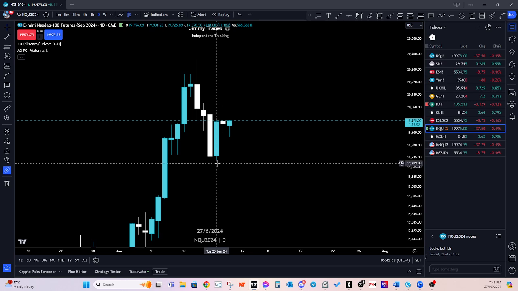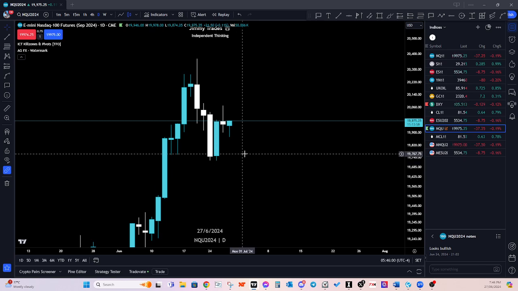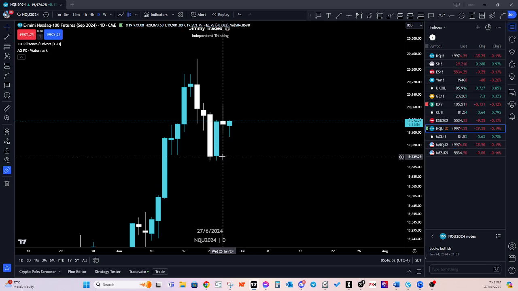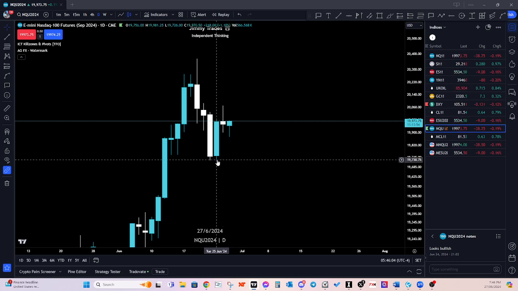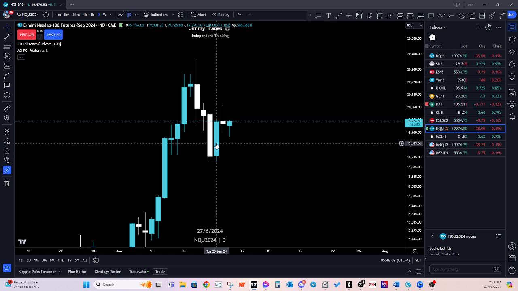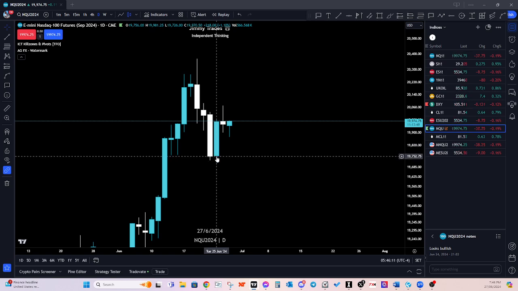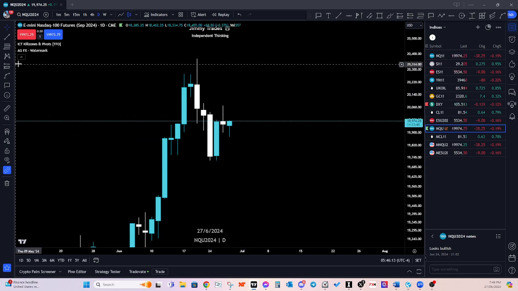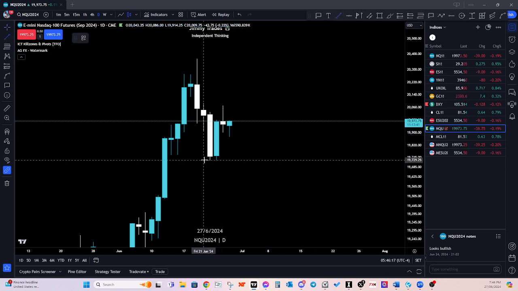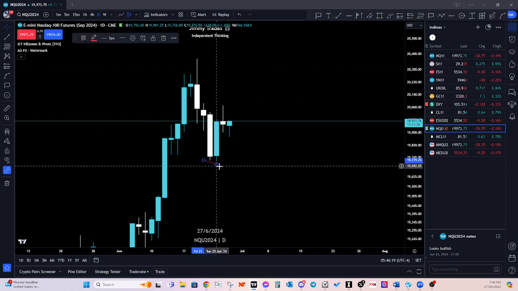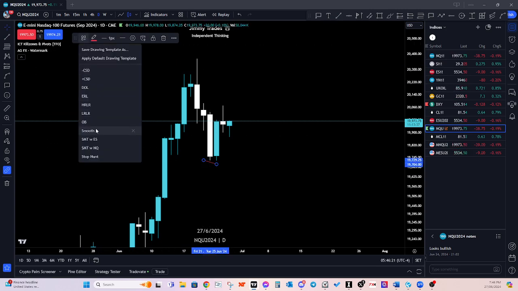So with ES, we'll have a look at ES shortly, but ES, the Tuesday candle created a higher low, whereas NQ created a lower low. So that's an indication of some strength there and a bullish SMT.